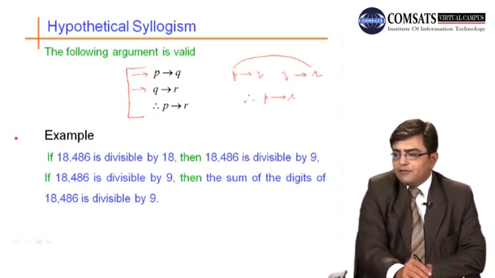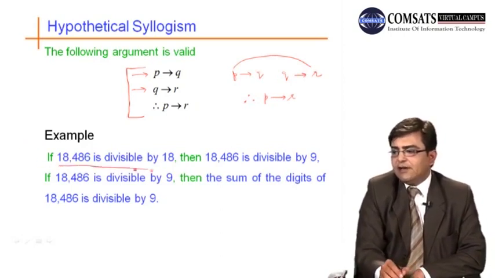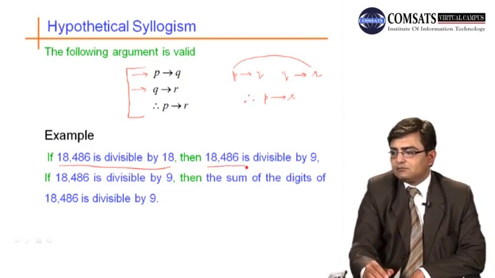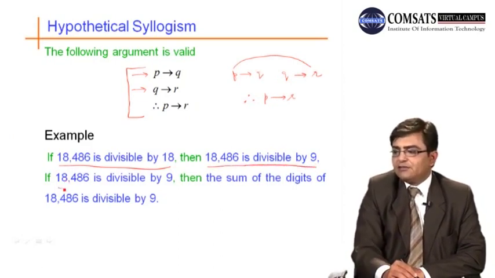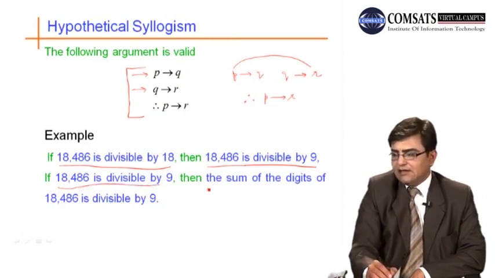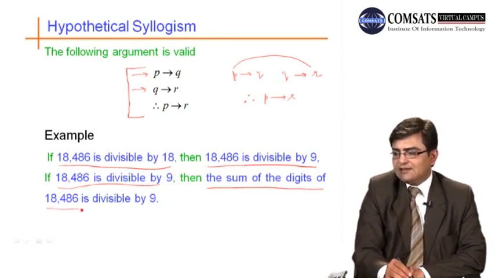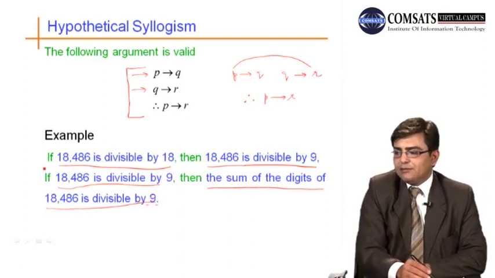So if we take an example for this: if this is divisible by 18, then divisible by 9, and if 18,486 is divisible by 9, then the sum of the digits of this is divisible by 9. So these are two premises. This is the first premise and this is the second premise.